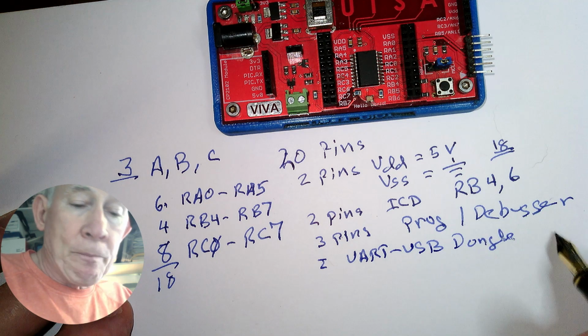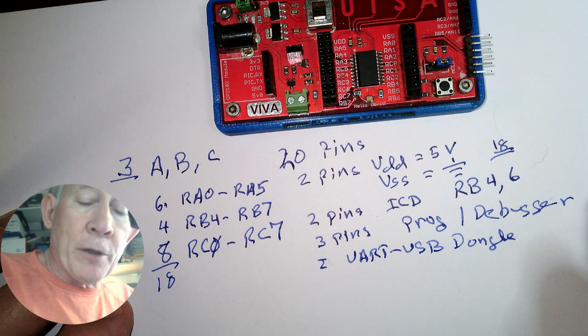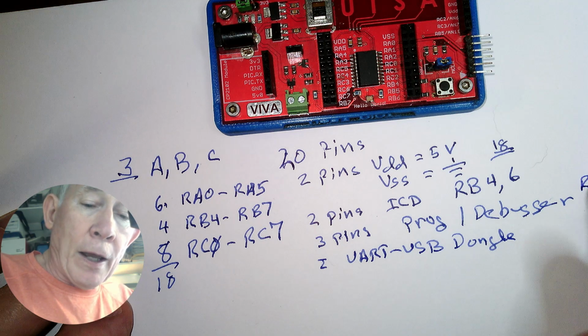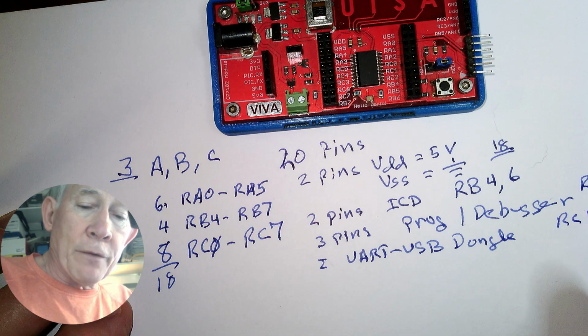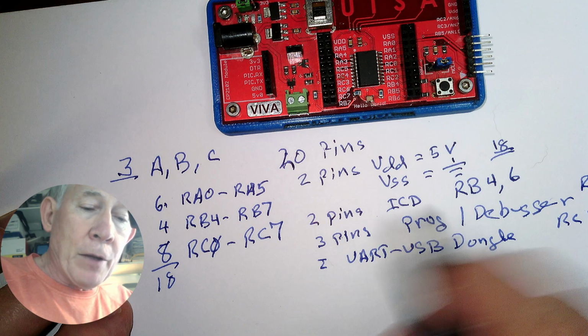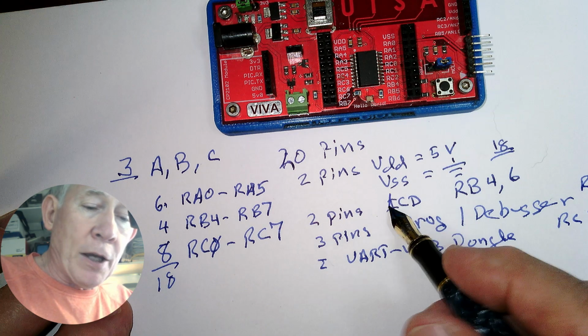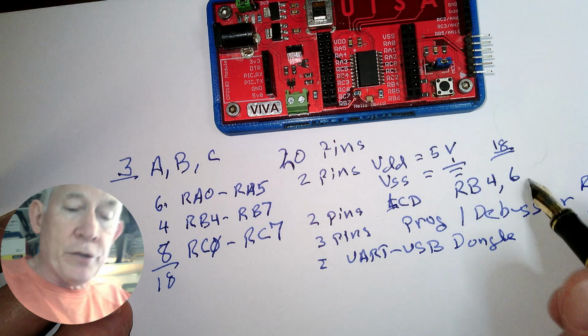Our programmer debugger takes up RA0, 1, and 3, and our UART takes up RC4 and 5, and our LCD display takes up RB4 and 6.